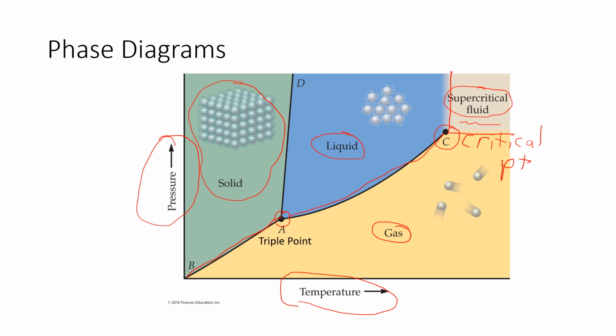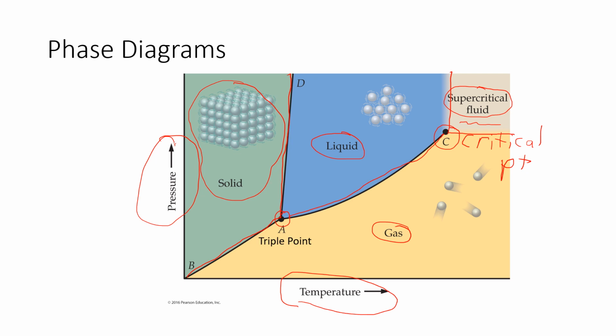If we go from the triple point on up in pressure, that line represents melting, because we can have a solid turning into a liquid, or in the opposite direction, a liquid turning into a solid, which means freezing.